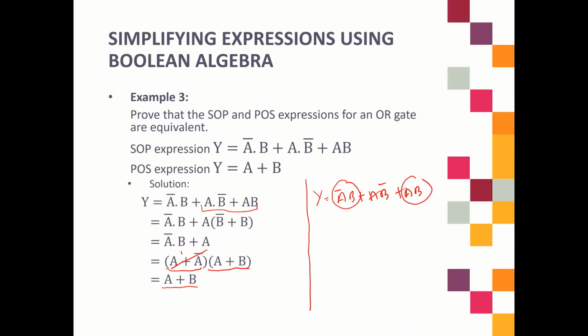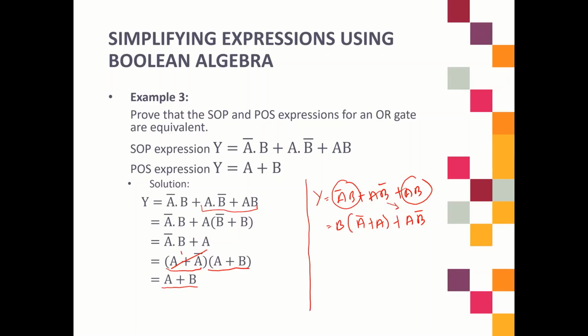I want to factorize for both terms. Based on both terms, you have a similar variable which is b, right? So you can factorize b. The bracket will be a bar plus a, and then here we will get a and b bar. So a and b bar, you just drop to the equation.